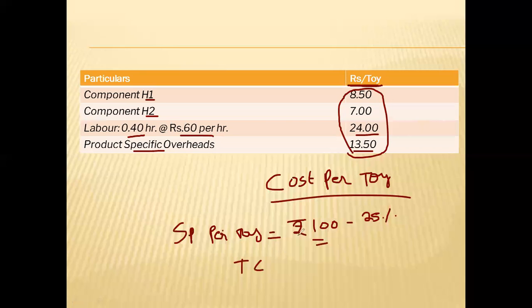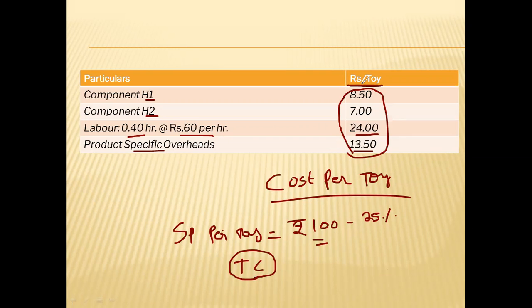Selling price minus expected margin will give the target cost, which should be the maximum cost for producing that product. Your cost should not exceed this target cost. So 100 minus 25% will be how much?